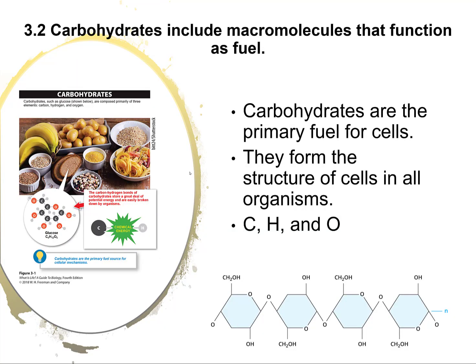So carbohydrates include macromolecules that function as fuel. They're primary fuels, and they form the structure of cells in all organisms, the CHO. So here is a typical carbohydrate, linked together sugars. The bonds are really important. There are two types that we really worry about, the alpha and beta, and I'm going to talk about that later.